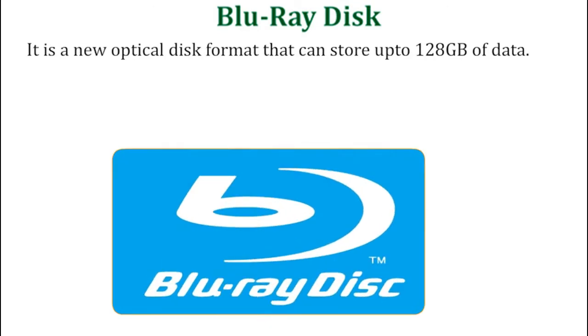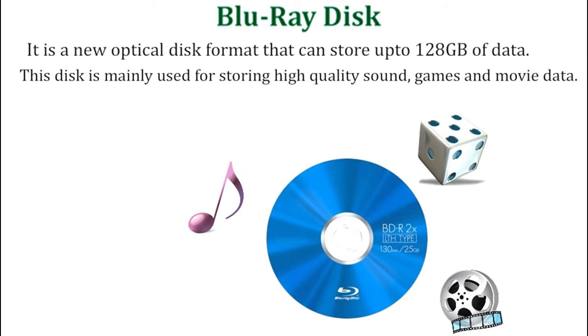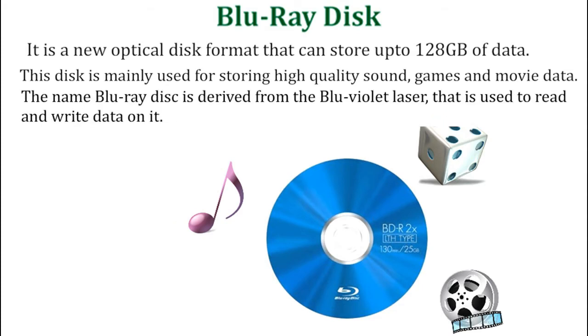It is a new optical disc format that can store up to 128 GB of data. This disc is mainly used for storing high quality sound, games and movie data. The name Blu-ray disc is derived from the blue-violet laser that is used to read and write data on it.